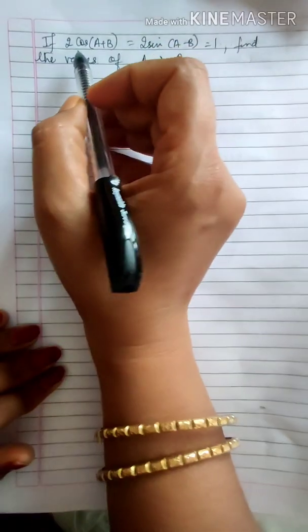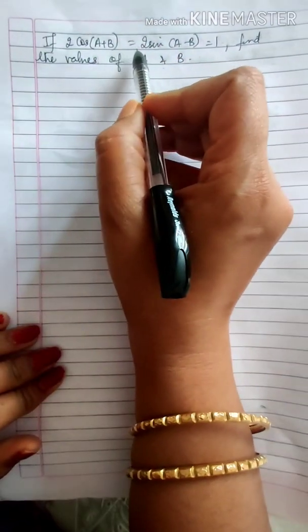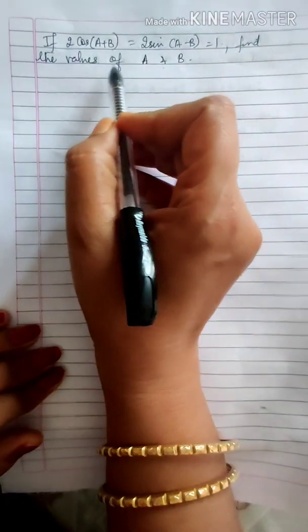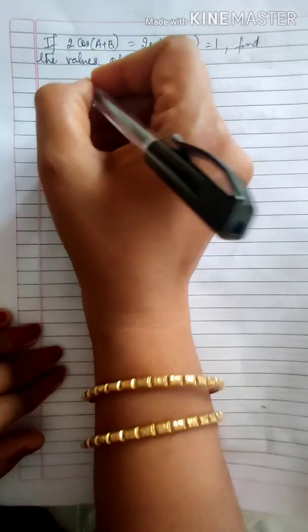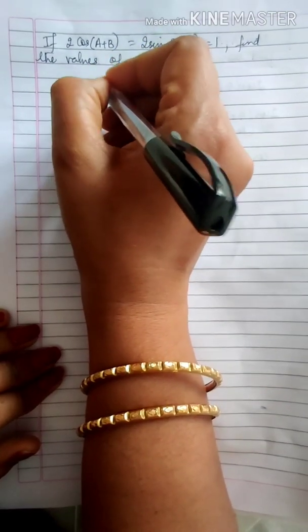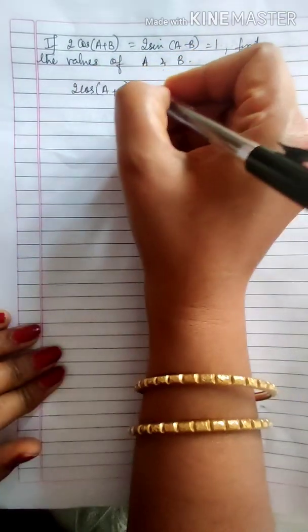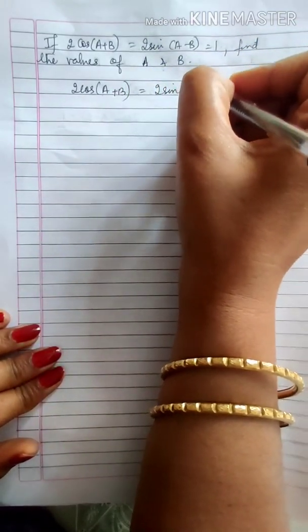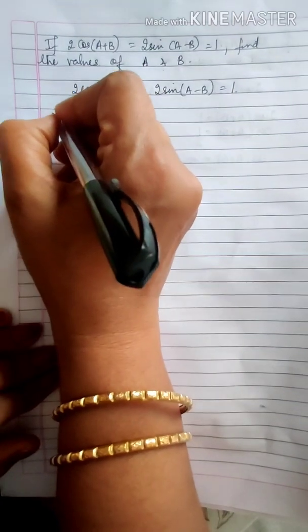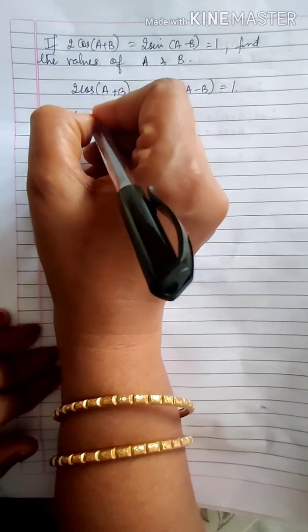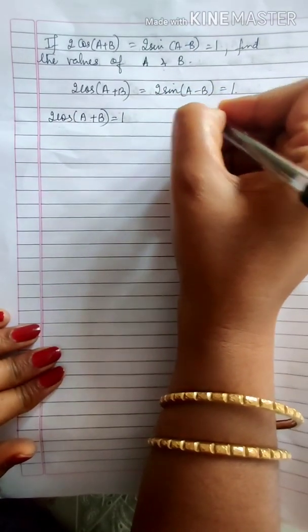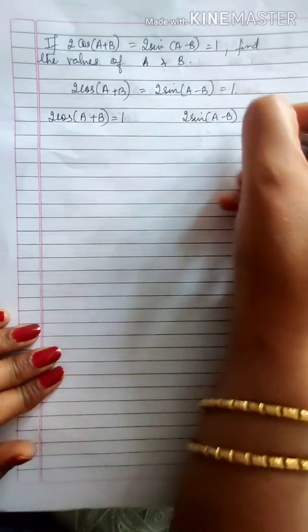So we will stick to the instructions given. If 2 cos of A plus B is equal to 2 sin of A minus B is equal to 1, find the values of A and B. So the given expression is 2 cos of A plus B is equal to 2 sin of A minus B is equal to 1. Now you can write 2 cos of A plus B is equal to 1 and 2 sin of A minus B is equal to 1.